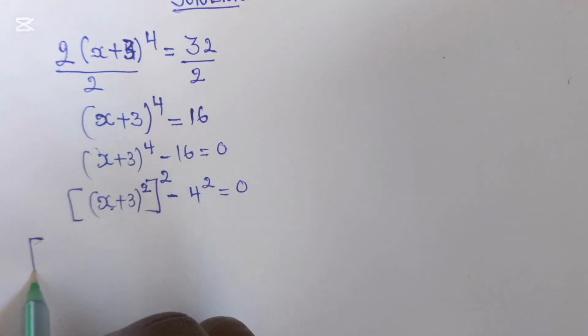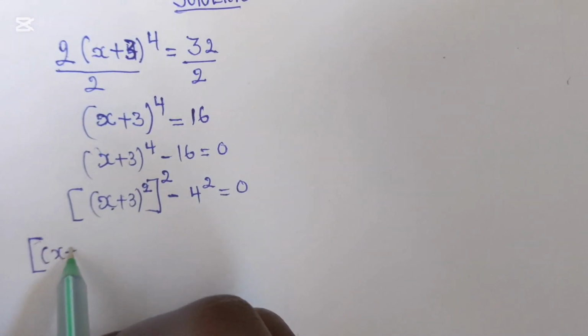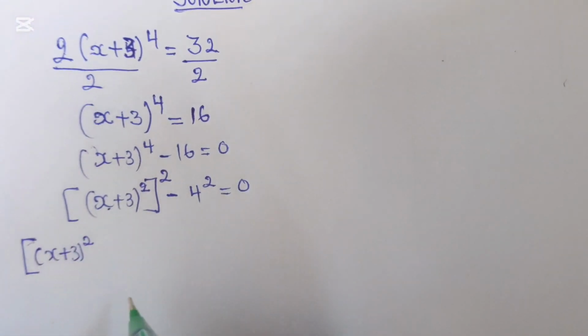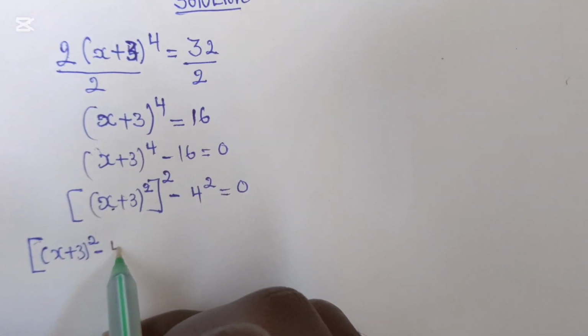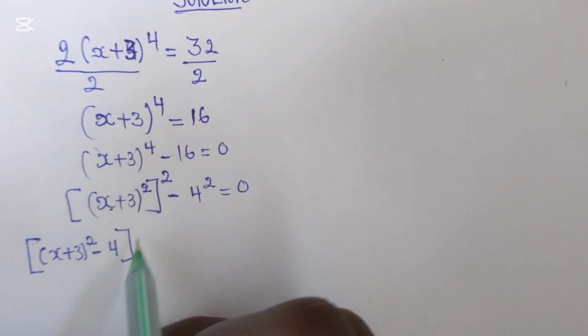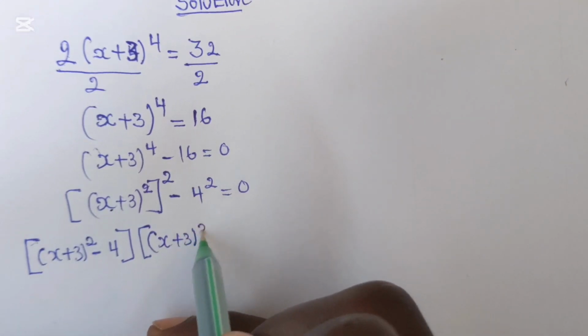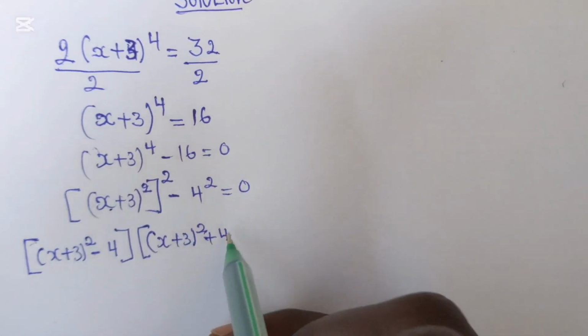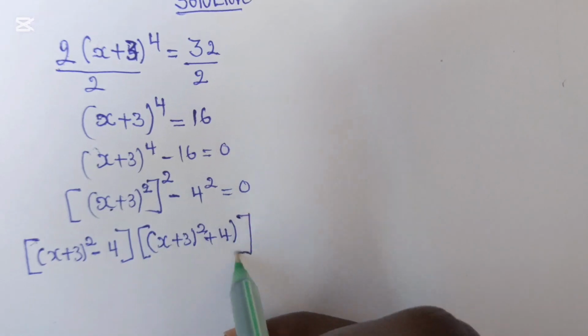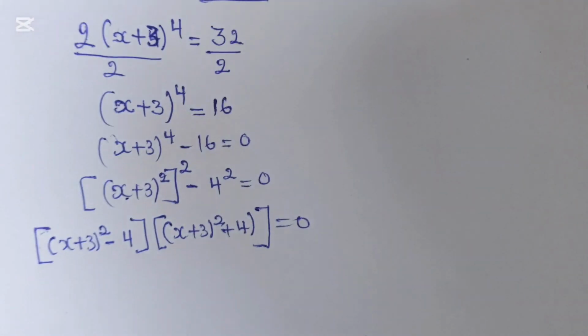Another one is to know that this is A and this is B. This will provide (x plus 3) squared as A, then minus 4, times (x plus 3) squared, then plus 4, to be equal to 0.